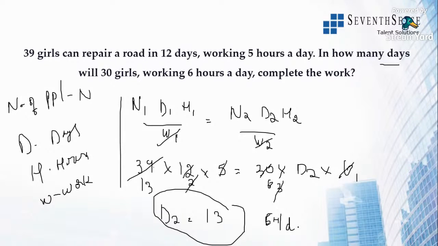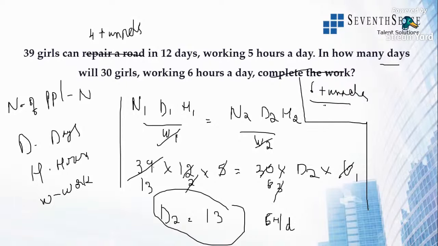But if they had asked, instead of repairing a road, to dig 4 tunnels, and 30 girls working 6 hours a day to dig 6 tunnels, then if the number is given, substitute in W1 and W2 respectively.